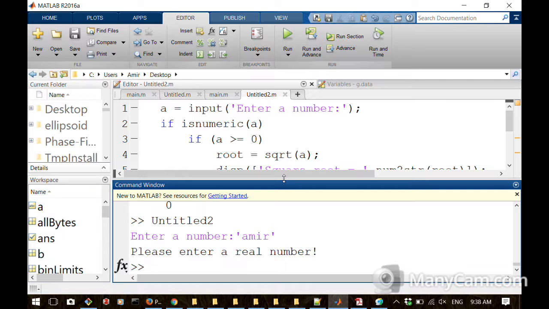So if somebody inputs a string to your function, then your function should be smart enough to understand that it's a string and then warn the user that it's a string, and then it has to loop again, go back. It has to call itself to request another number from the user.